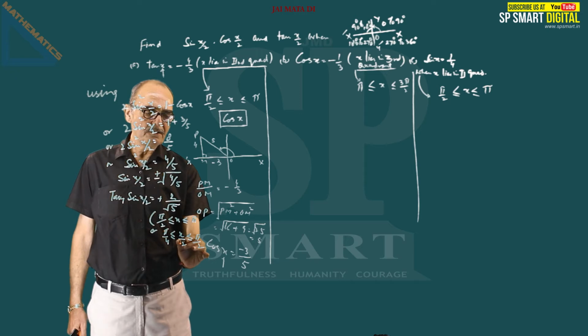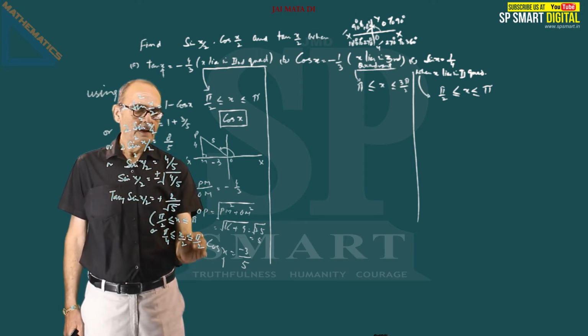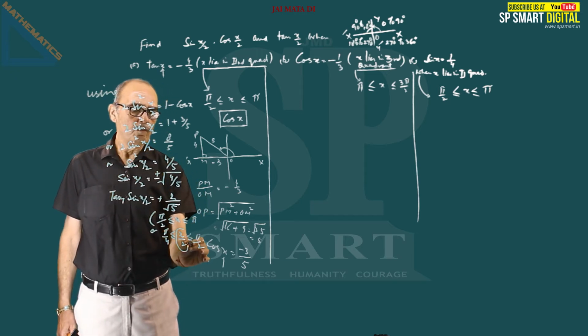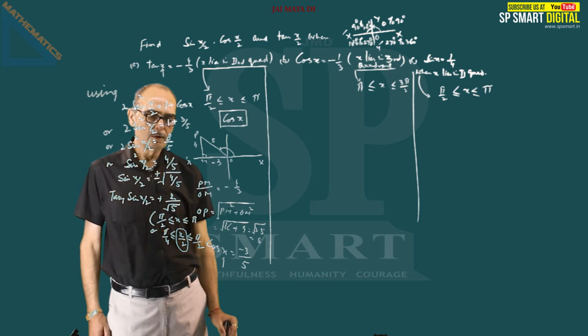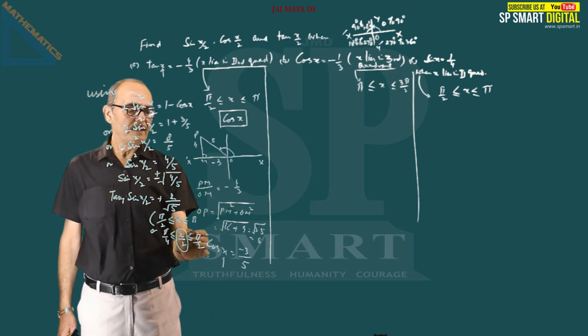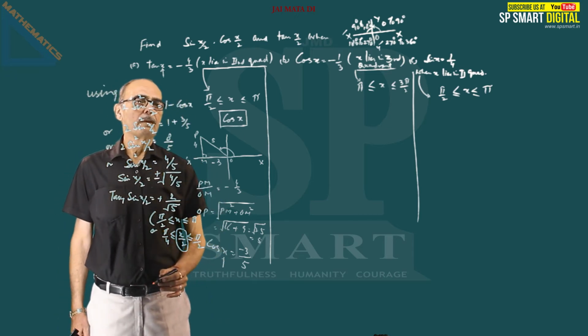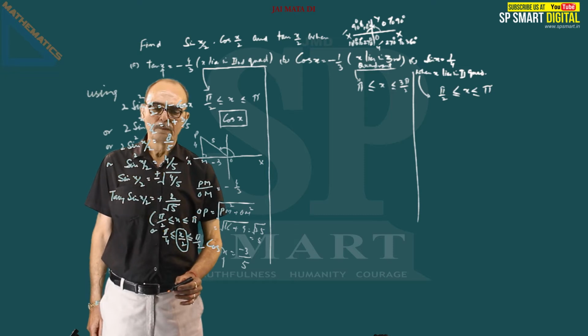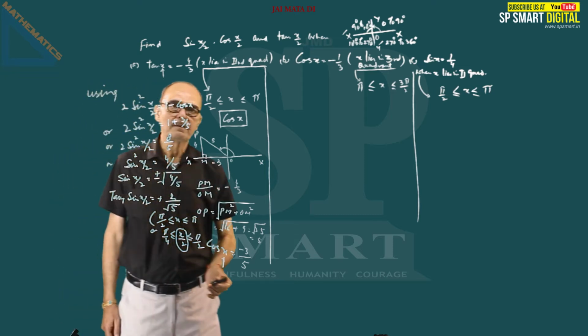So here we observe that this angle x by 2 lies between 45 degrees and 90 degrees, which is in the first quadrant. So sin x by 2 is positive in the first quadrant.